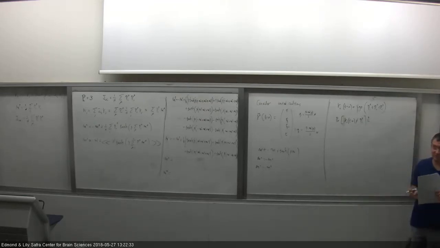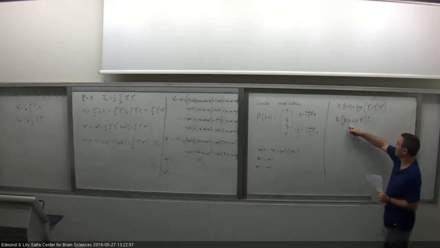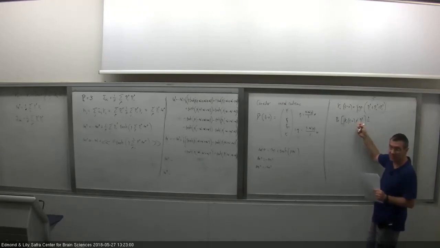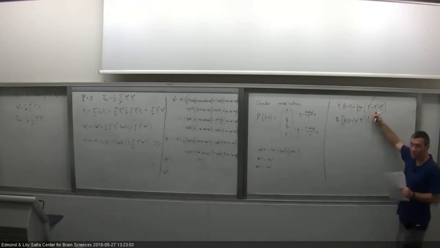What's the probability that the activity of a neuron will not be equal to the pattern of neuron 1? Well, in order for the initial condition to be different from memory pattern 1, what we need is that memory pattern 2 and memory pattern 3 have the opposite sign. What's the probability that both of them will have the opposite sign? The probability that one of them will have the opposite sign is 1/2. So the probability that both of them will have the opposite sign is 1/4.